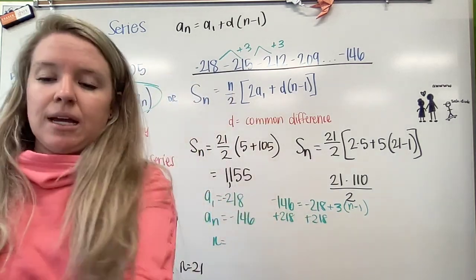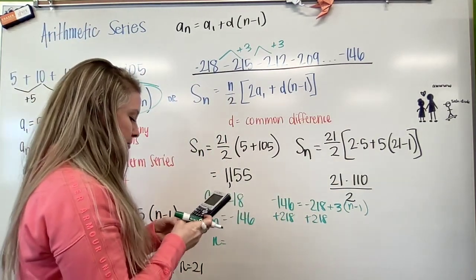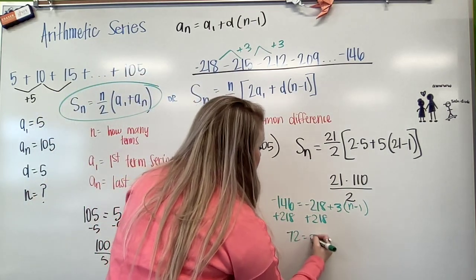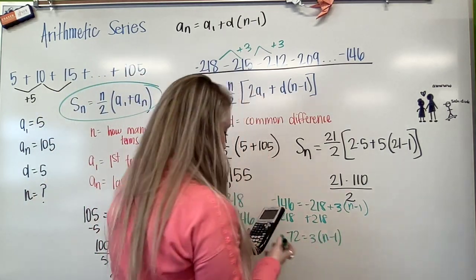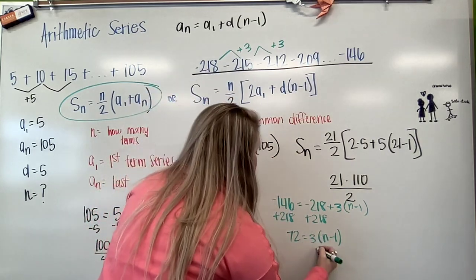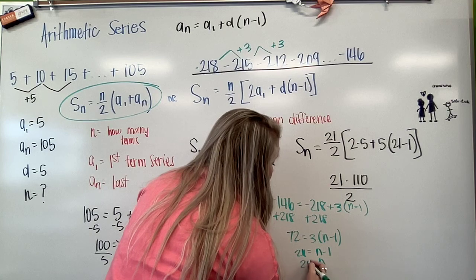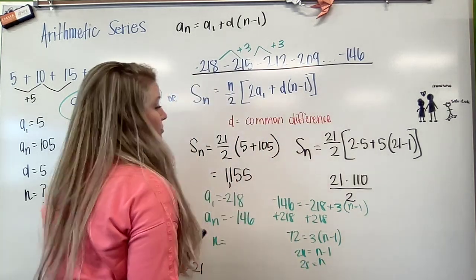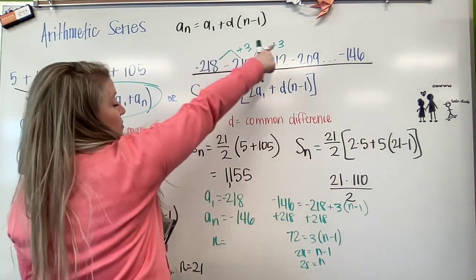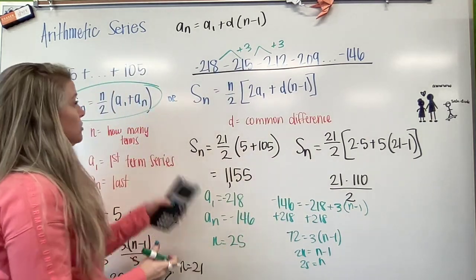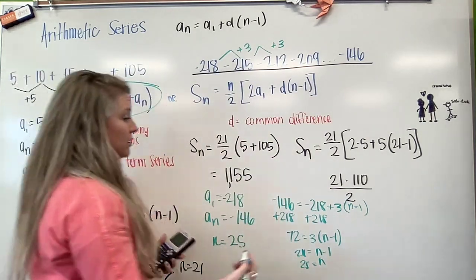And just for time's sake, I'm going to jump here to my calculator. So I get 72 equals 3 times n minus 1. So n minus 1 equals 24, so n is 25. So to find the sum of this series, since n is 25, all I'm going to do is plug that into this equation here.